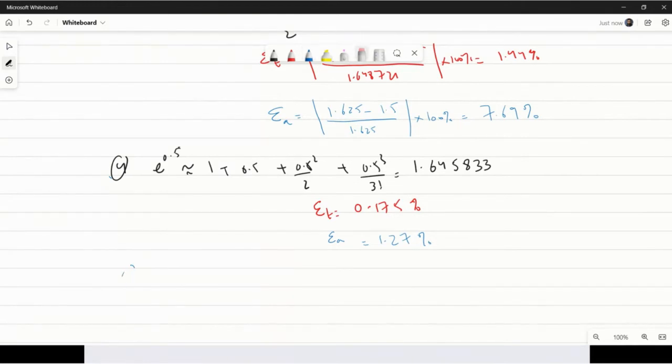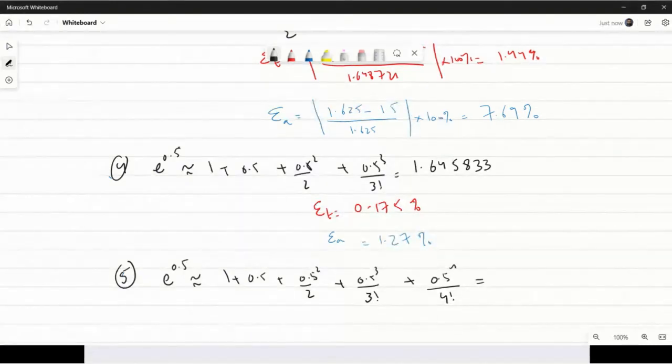Then adding another term, the approximate value of exponent of 0.5 is 1 plus 0.5 plus 0.5 square over 2 plus 0.5 cube over 3 factorial plus 0.5 to the 4 over 4 factorial. It's 1.64.